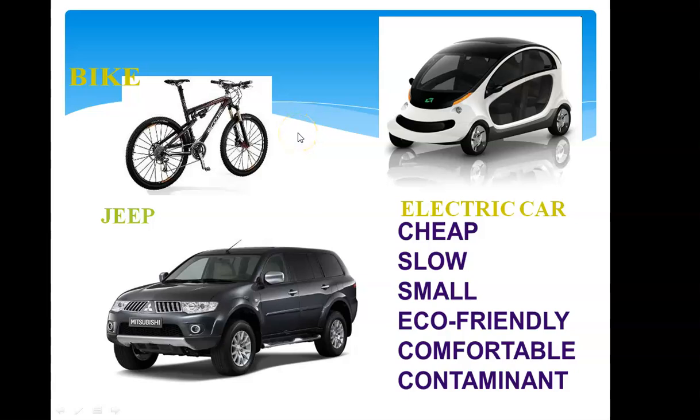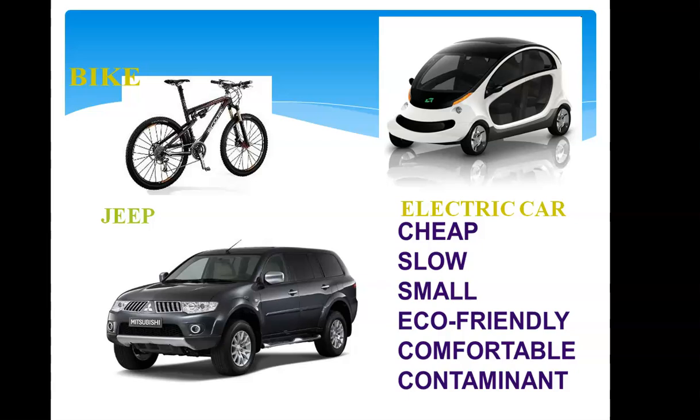What about the bike, the jeep and the electric car? Yes, let's talk about the bike. The bike is cheaper than the electric car, and also than the jeep. What about the speed?